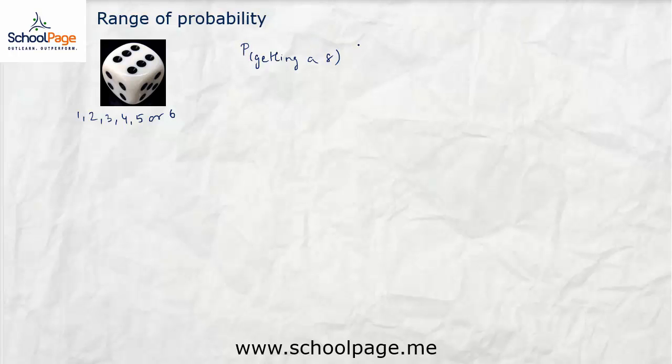The probability of getting an 8 is equal to number of outcomes favorable upon number of all possible outcomes.